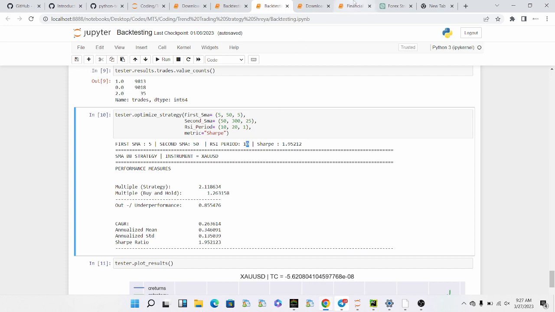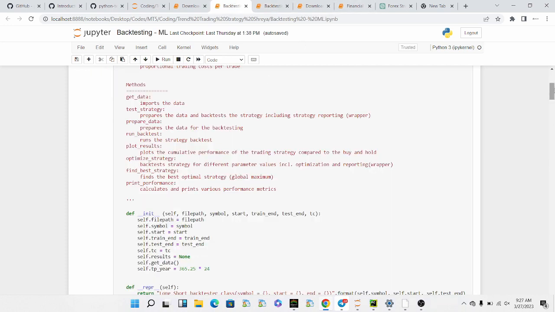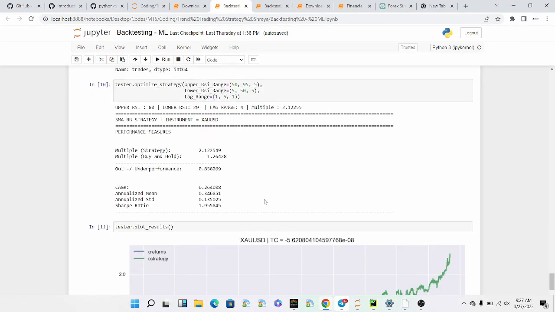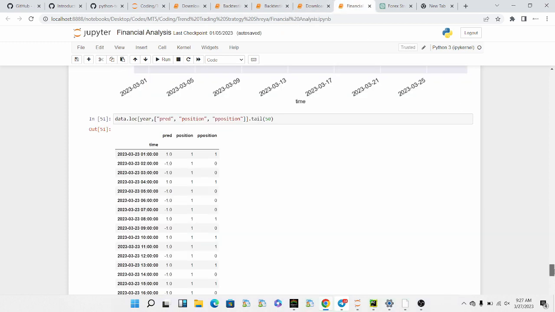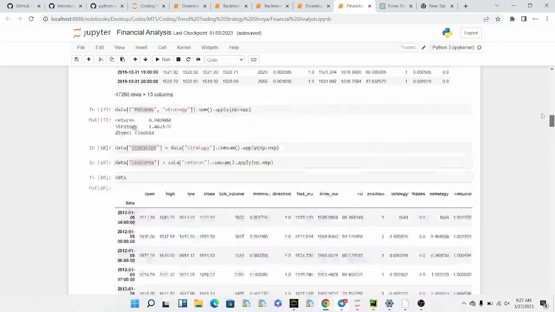That's why you have those values there. And for this one here, we have 80 for the upper RSI. For the lower RSI we had 20, and then for the Lagrange we had 4. And these are the values that we used in our financial analysis section to get these files.